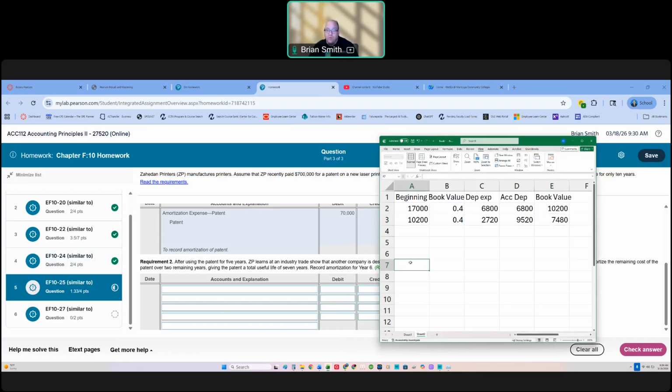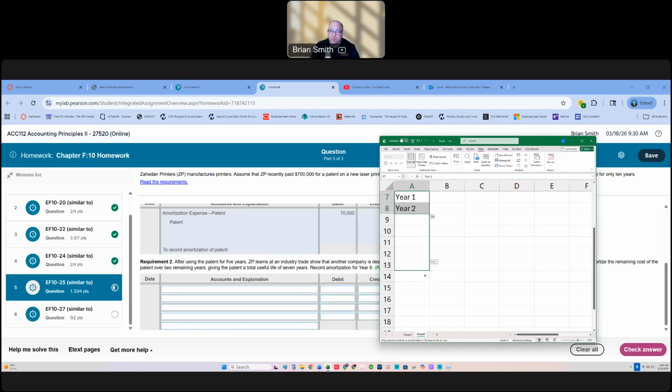Let's just do this here. Here's our patent in year 1, year 2, and we're just taking this down. I think it says total of 7 years. So each year here, we've amortized this. We amortized this for 7,000 years, all the way to year 5.